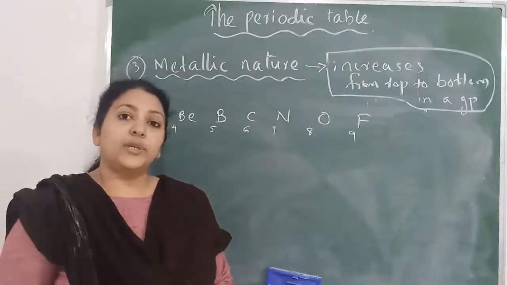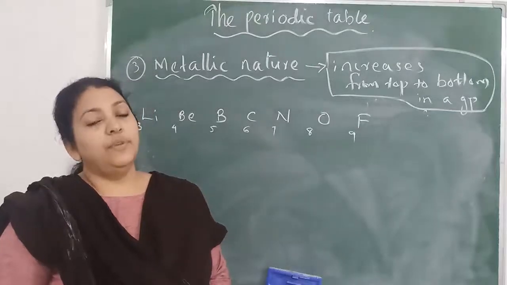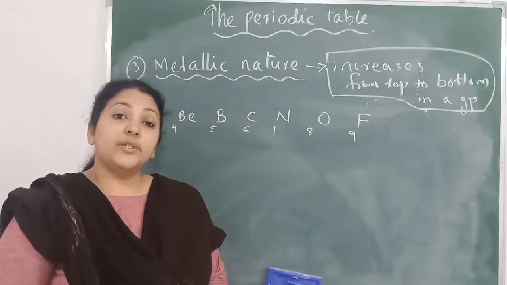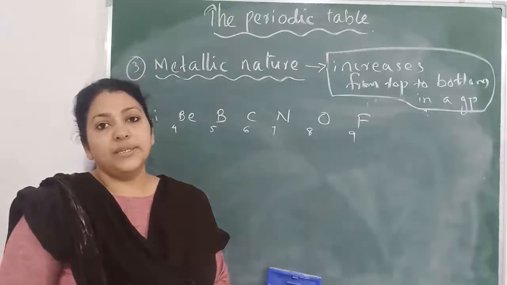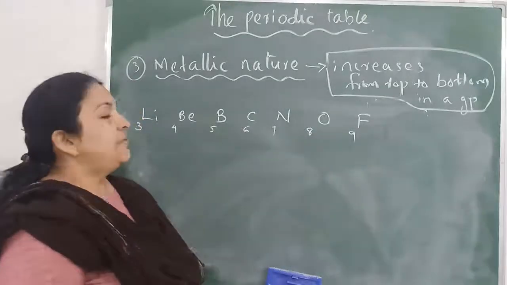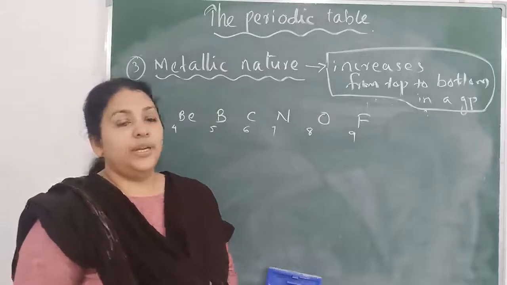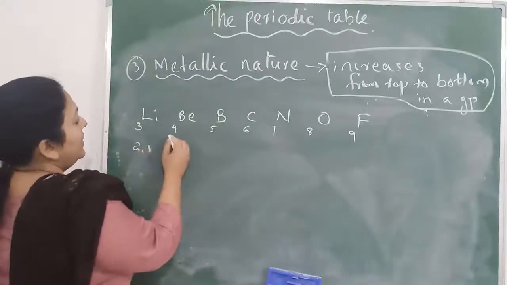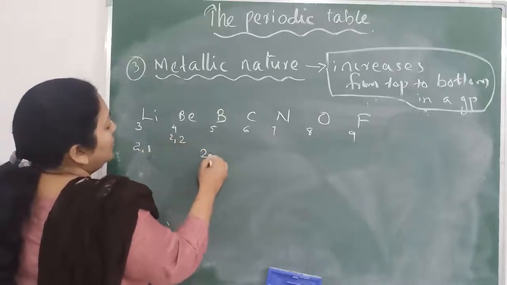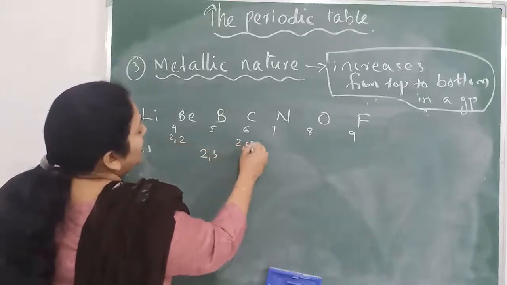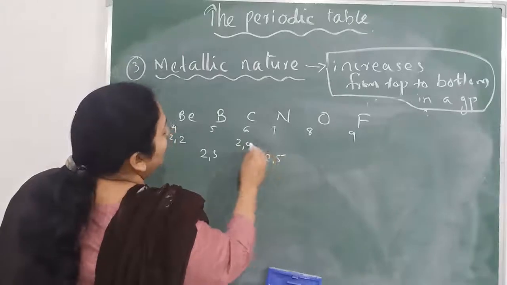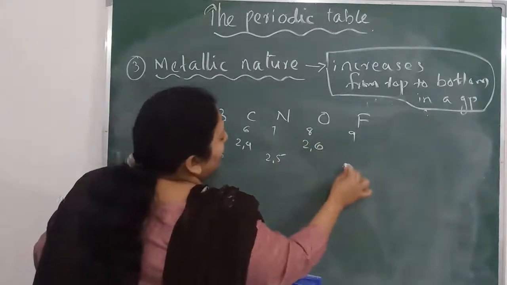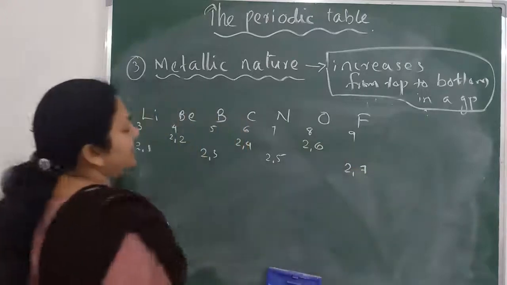Now let's write the electronic configurations and check what will happen to the metallic character or the electropositivity of elements from left to right across a period. Here the electronic configurations are 2, 1; 2, 2; 2, 3; 2, 4; 2, 5; 2, 6; and 2, 7.